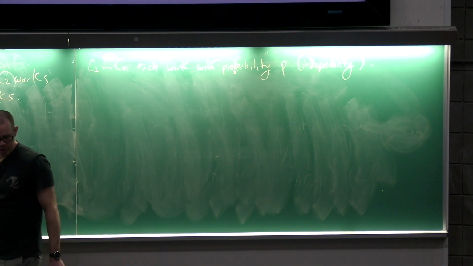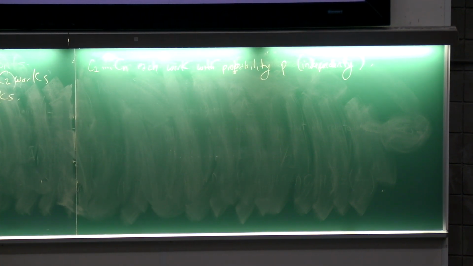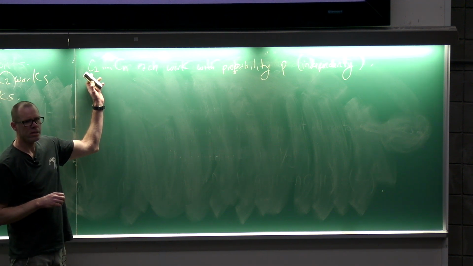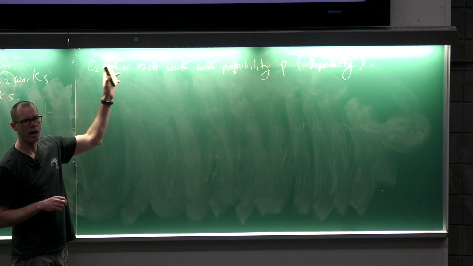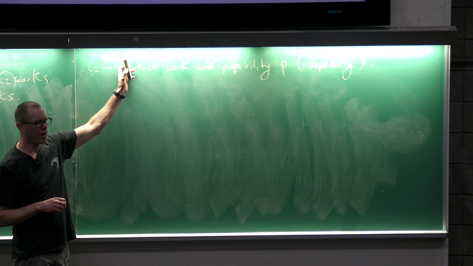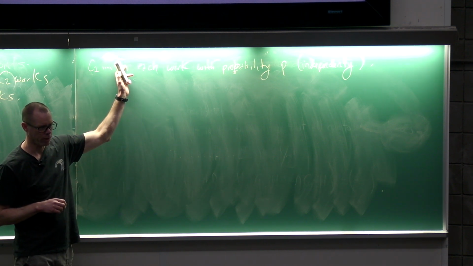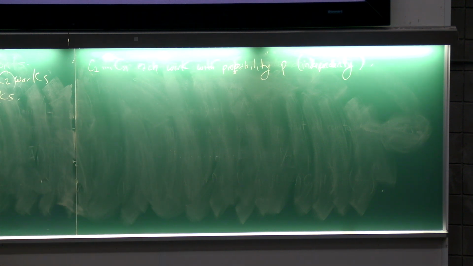That somehow means that there's this underlying space. If I ask you about the event, does C1 work and C3 work? That's just the probability that C1 works times the probability that C3 works. So that's what we're going to assume.